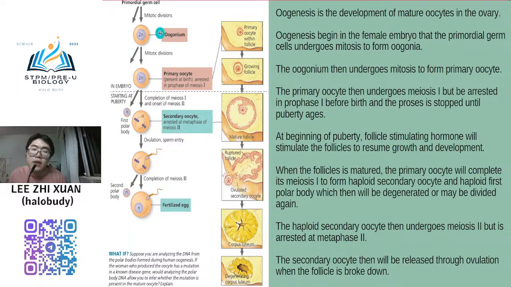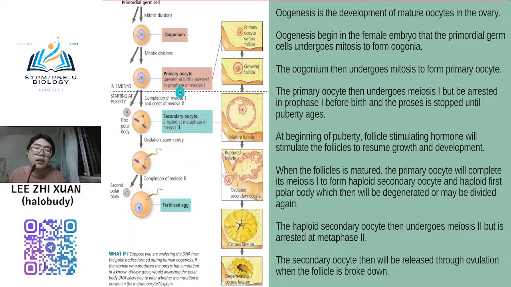However, in female, the oogonium and primary oocyte formation occur in the embryo. So during pregnancy, all the female's ova will be produced until the primary oocyte, then stop.